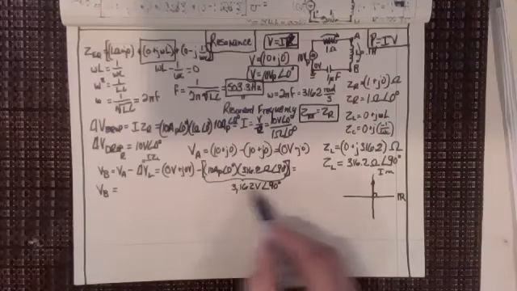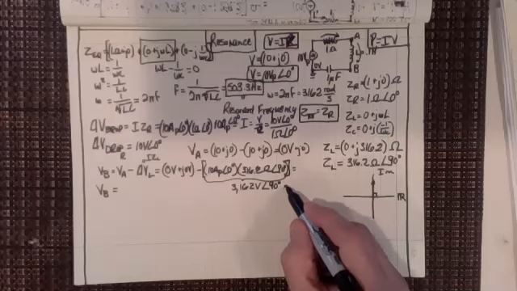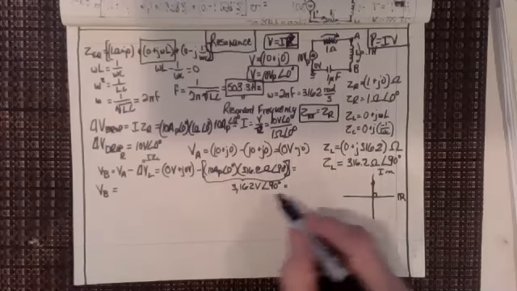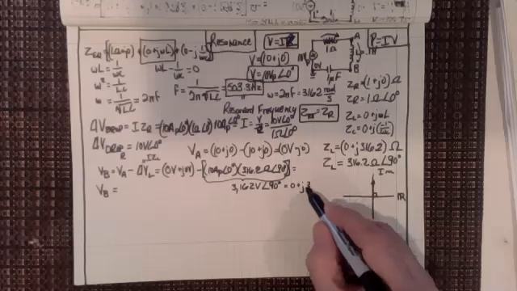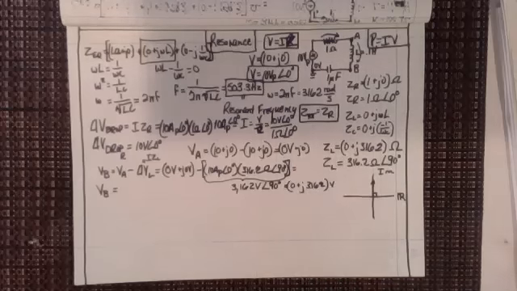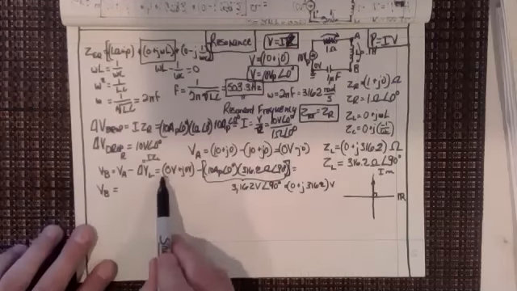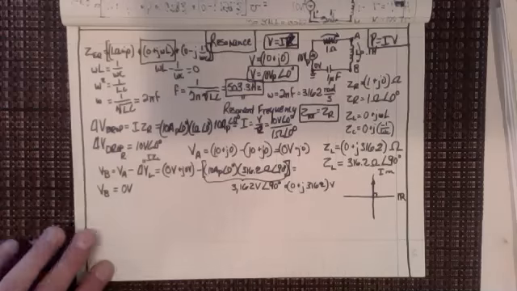Then I could write this, let's just look at this part right here, as 0 plus j3162 volts, right? Does everyone understand that? So let's add these two together. 0 volts plus 0 volts gives me 0 volts.